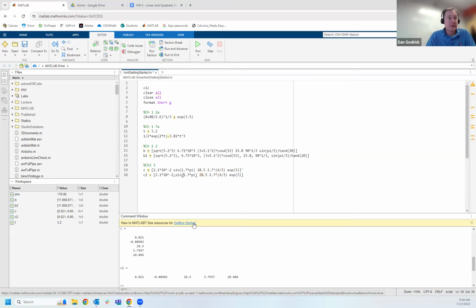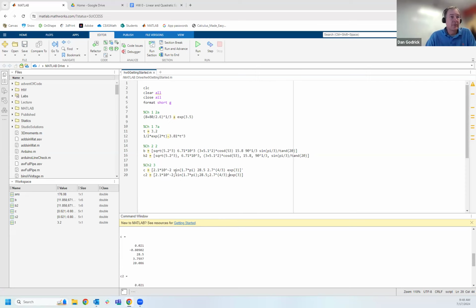So we use semicolon, semicolon, semicolon, and semicolon. Hey, look at that. And you can see they're all the same. You can also put it on its own line, which, I don't know, takes up a lot of real estate.